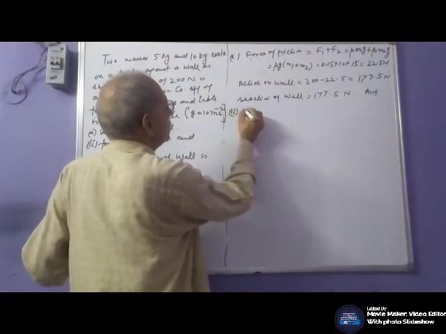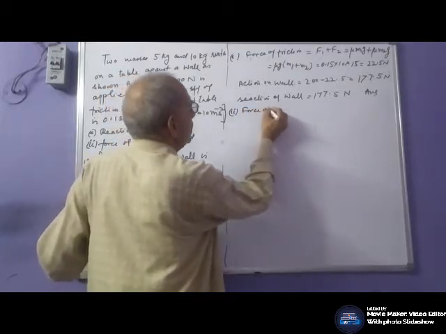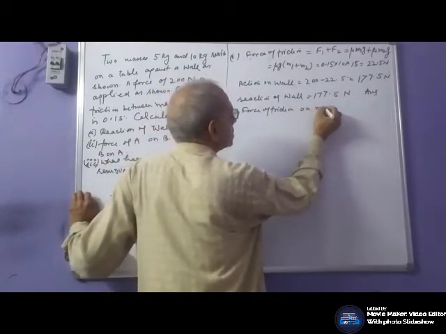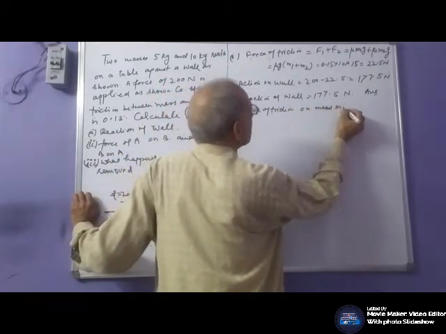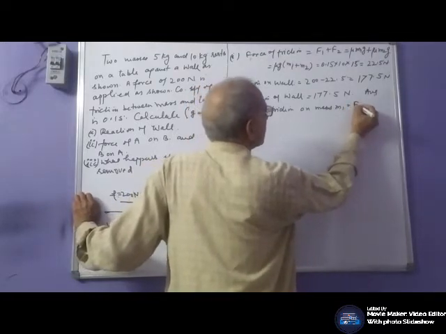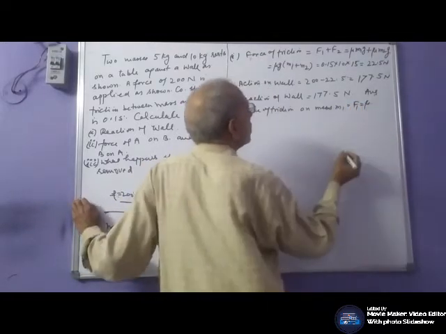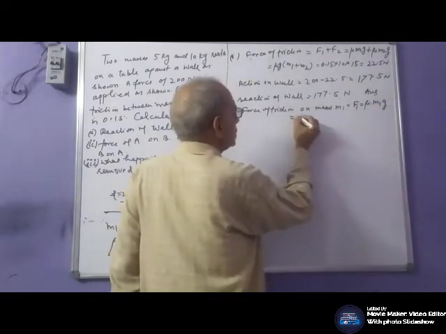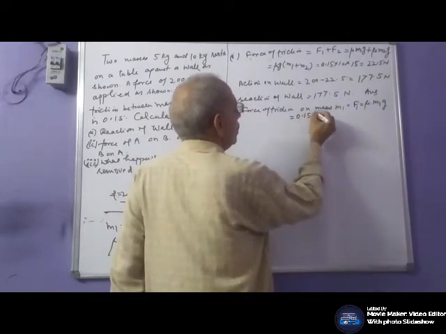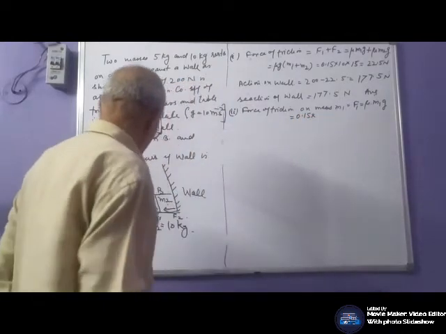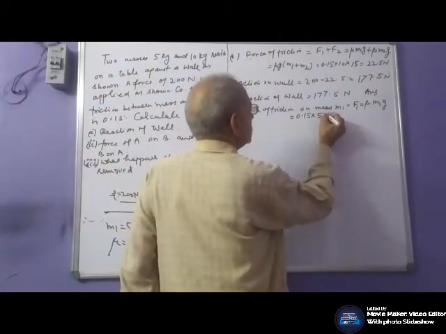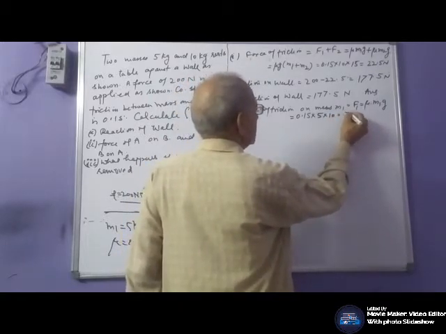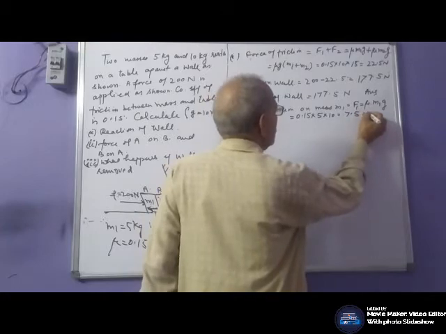Case second, force of friction on mass M1, that is F1, that is mu M1G. M1 was 5, G was 10. It is 7.5 Newton.